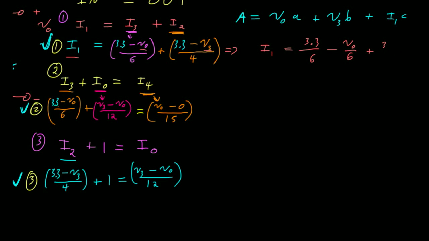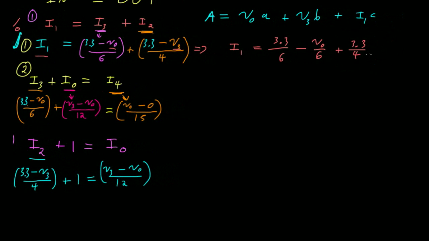Plus 3.3 divided by 4 minus V3 divided by 4. So now I've got this all broken up.